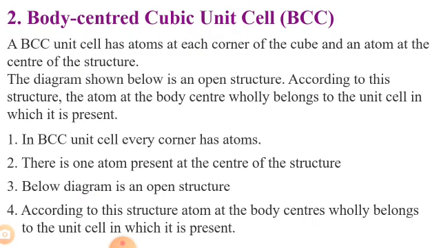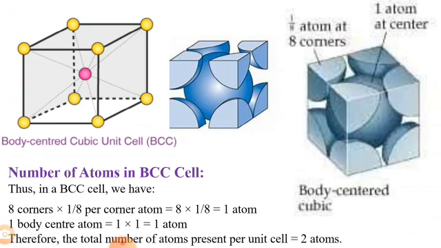The next type is body centered cubic system or body centered cubic unit cell, that is BCC type. A BCC unit cell has an atom at each corner of the cube and an atom at the center of the structure. The diagram shown below is an open structure.